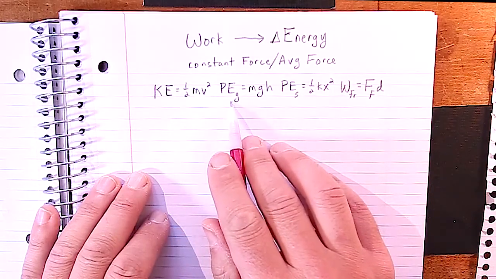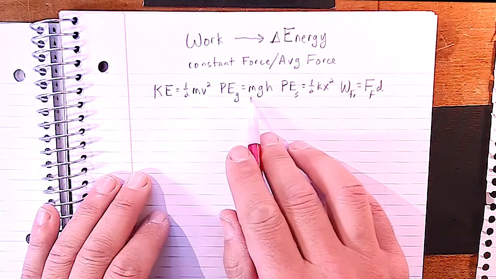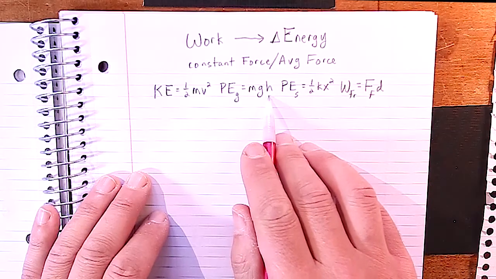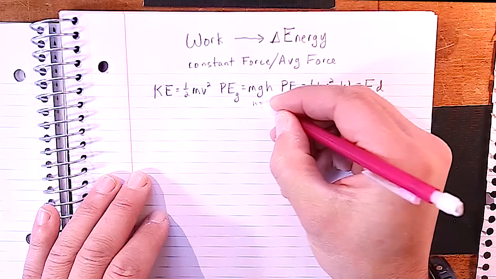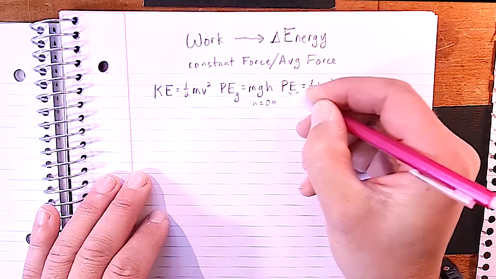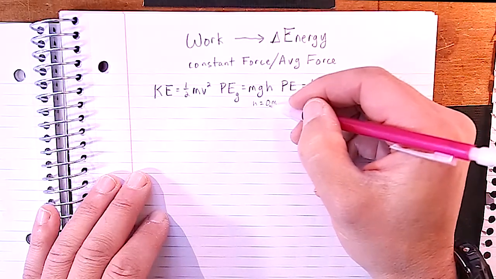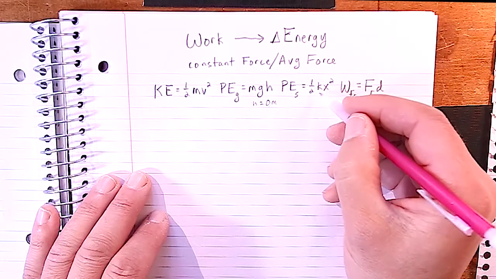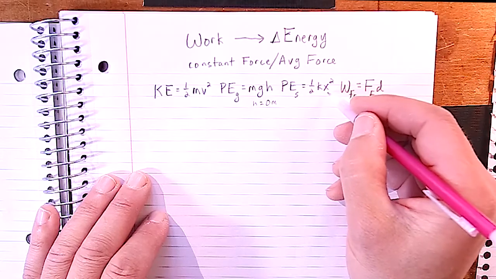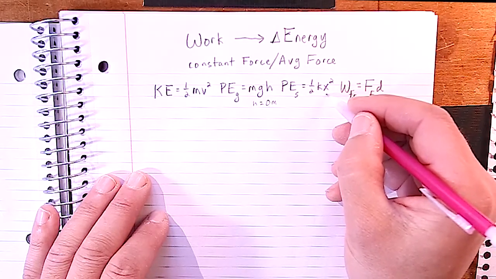Now, the gravitational potential energy is equal to the mass times gravity times the height, but we choose what height 0 is. So our height 0 meters, that h is going to be based off of how far it is from 0. 1/2 kx squared, that x in this case is going to be from equilibrium.